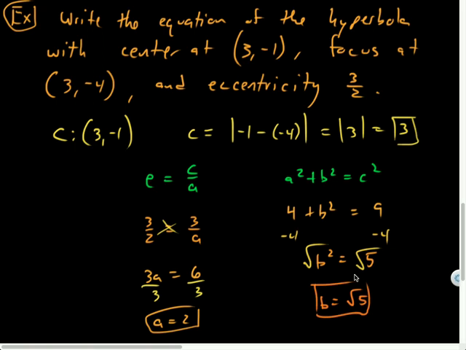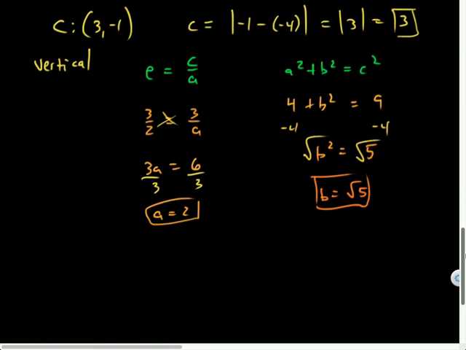So, do we know which way this is oriented yet? And how do you know it's vertical? The h's are the same, the y's changed from the center to the focus. Sure, so it's vertically oriented. Right? Good detective work there.